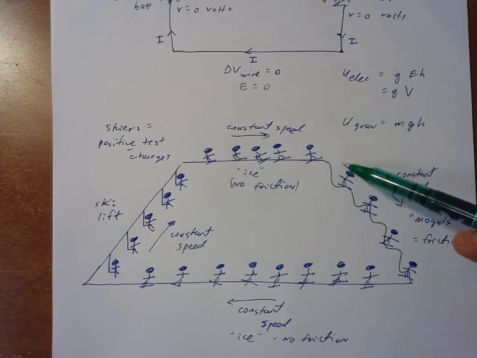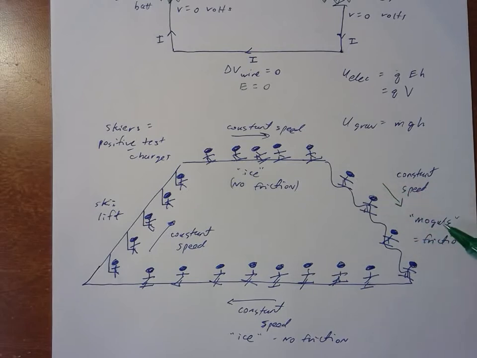So these skiers bump up and down on the way down, and they maintain that constant speed. When they get to the bottom, they just make a turn, and they keep moving at that same constant speed because the bottom of this mountain is also ground with ice and no friction. They go back to the ski lift, and they just keep going around and around.